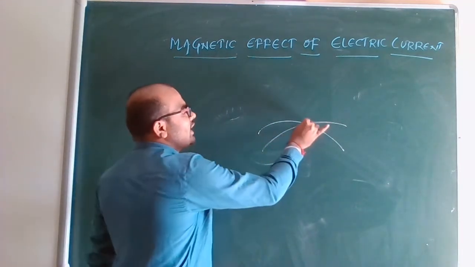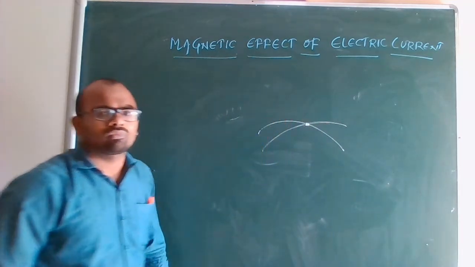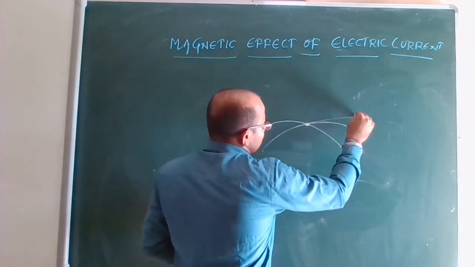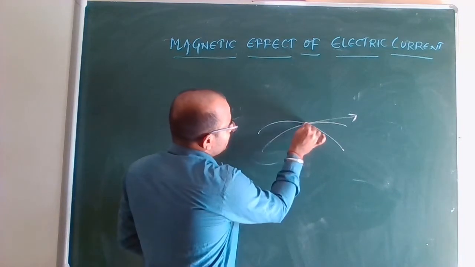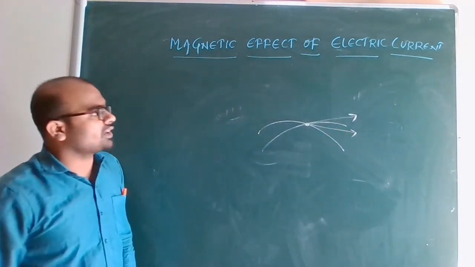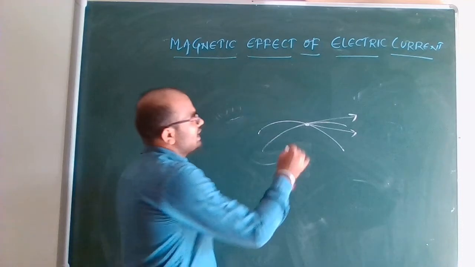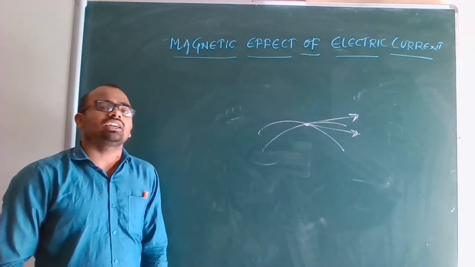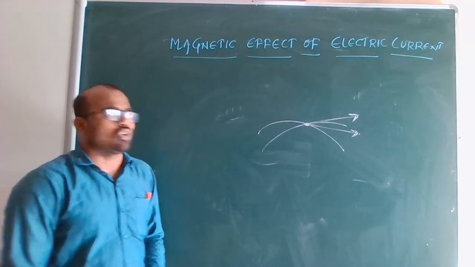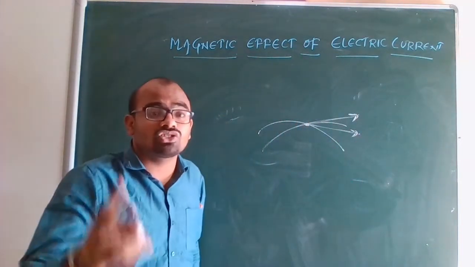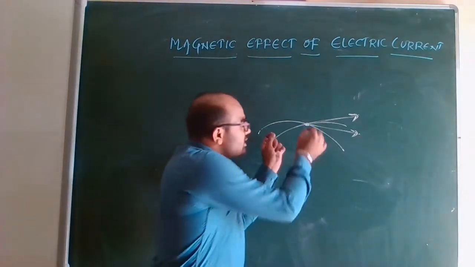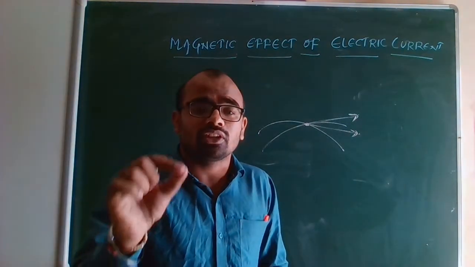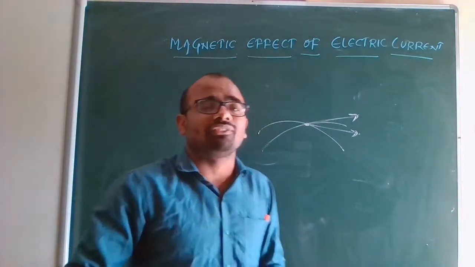Suppose they intersect at this point, what happens? There will be this direction and here will be this direction. In this direction and in this direction, there are two directions. As I already told, magnetic field lines indicate the direction of the magnetic field.